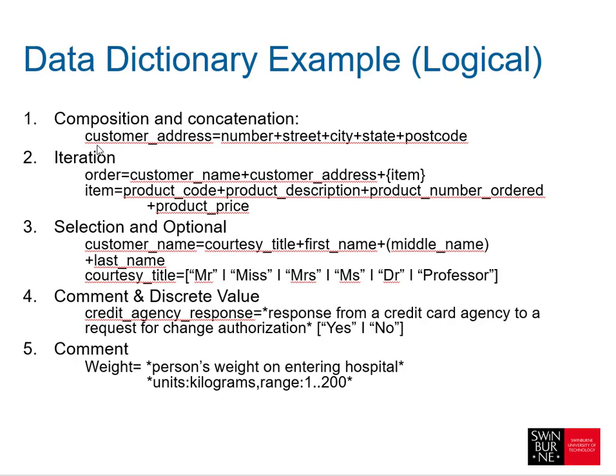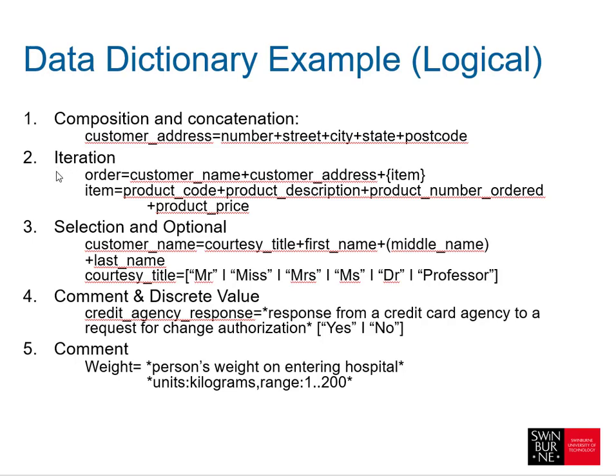If you have a data flow, for example, customer address, it consists of customer number plus street plus city plus state plus postcode. So you can say the composition sign and concatenation symbol, right? This reads as: customer address consists of number, street, city, state, postcode.